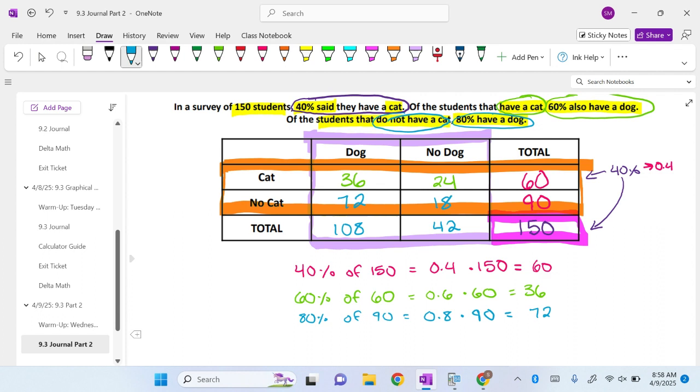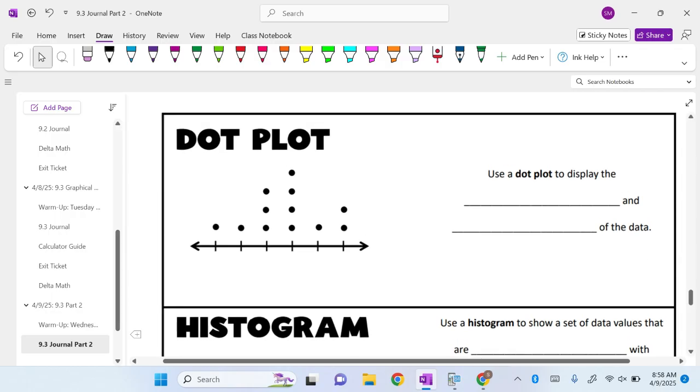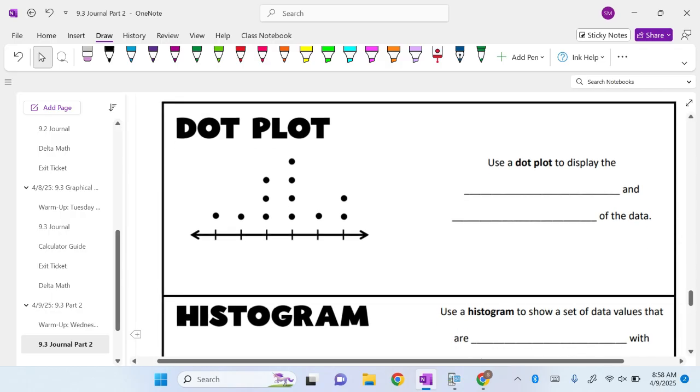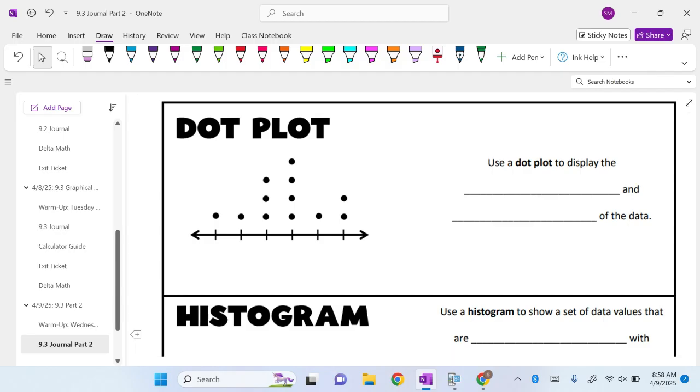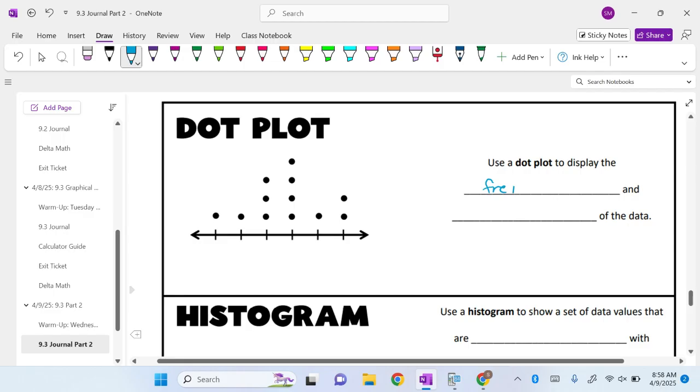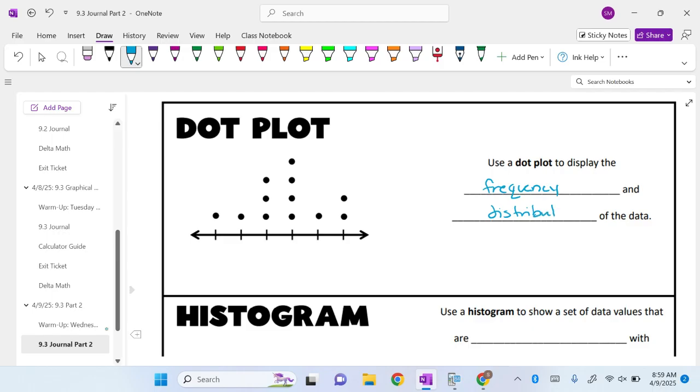So, a very quick recap on that last slide. This just explains what is going on. We use a dot plot to show frequency and distribution of the data.